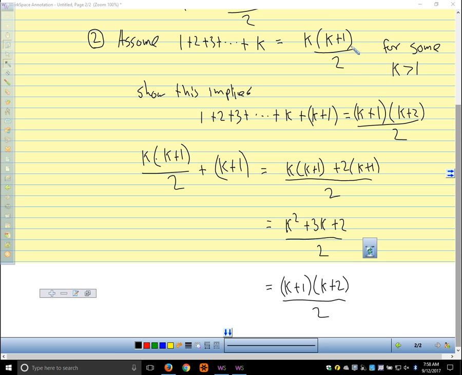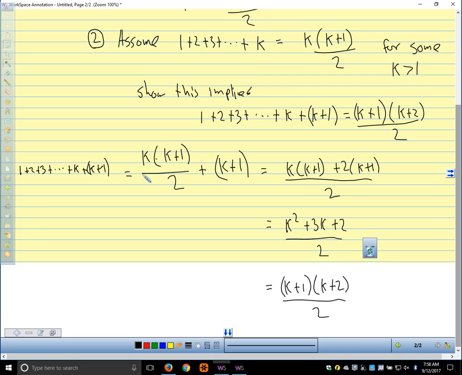So I'm just adding k plus 1 to that. On the other side, I'll put one more thing here: 1 plus 2 plus 3 plus dot dot dot plus k plus 1 equals that. So we're just adding this to each thing that we said was true in the first place.